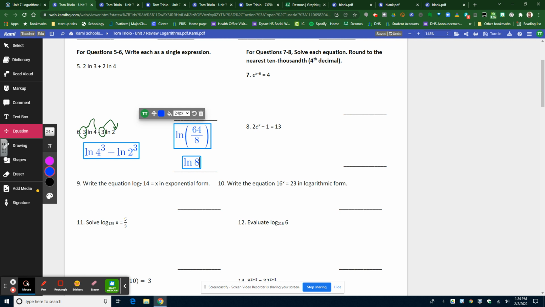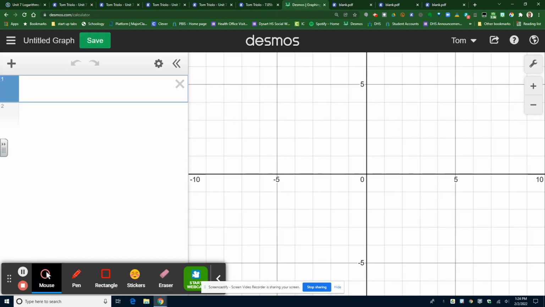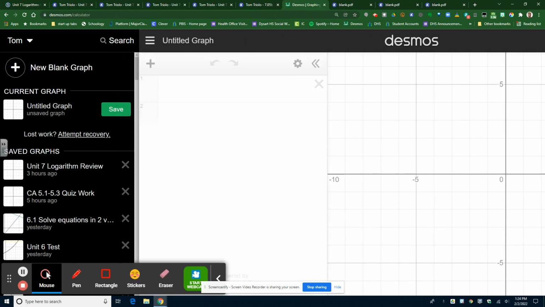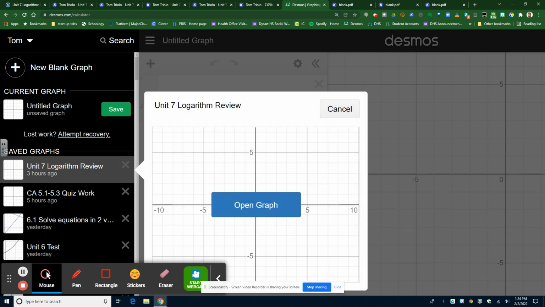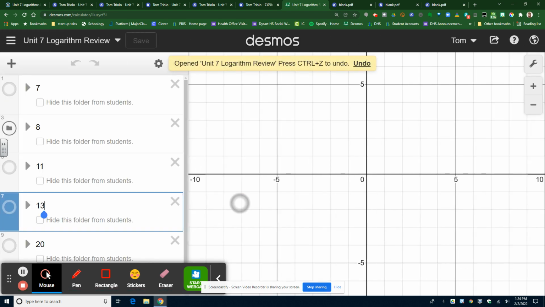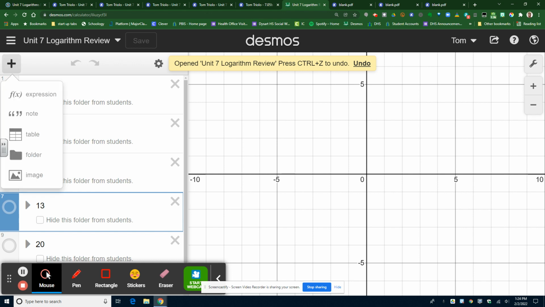How do I know my answer is correct? Plug it into Desmos. I have a Unit 7 logarithm review. Which number is this? 6. I don't have a folder for that, so I'll make one.